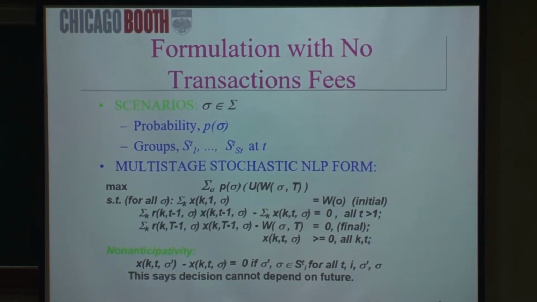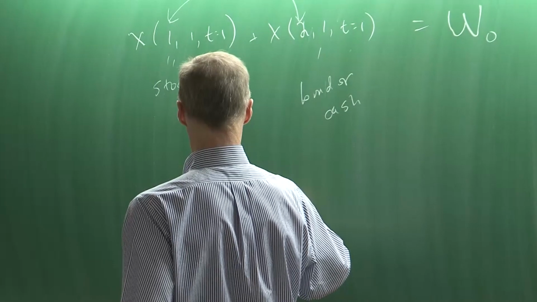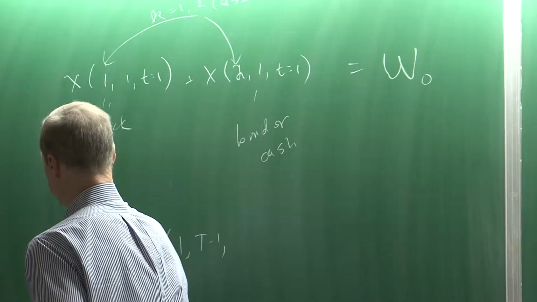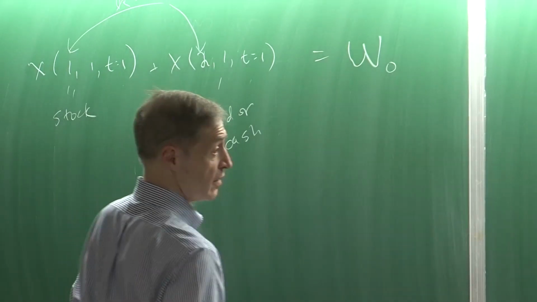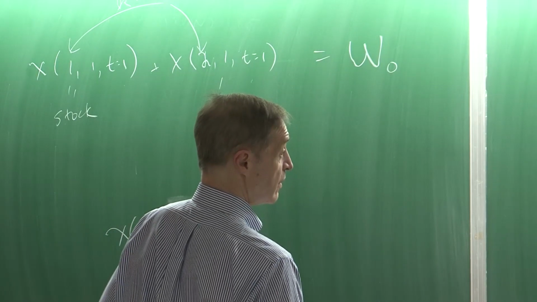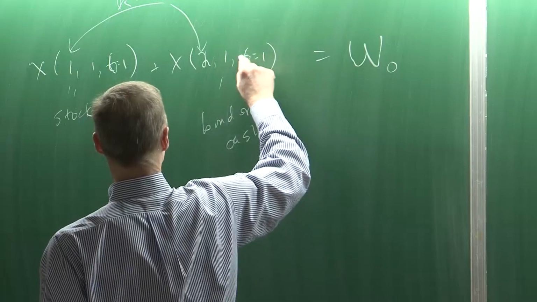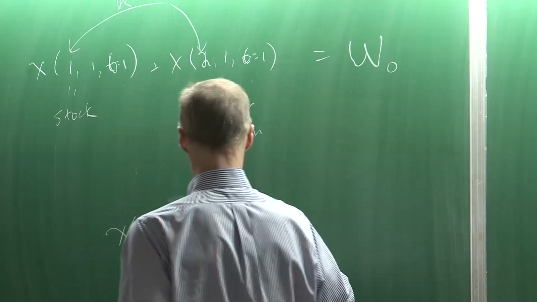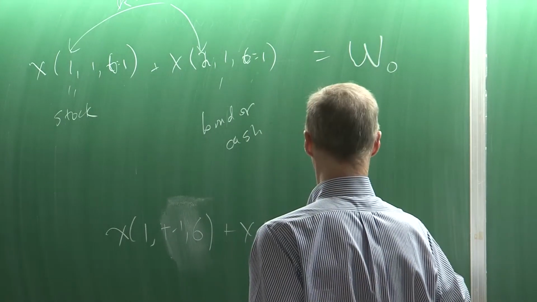Yeah, so the last time period is going to look like x1, T minus 1, sigma, plus x2, T minus 1, sigma, is equal to my wealth.